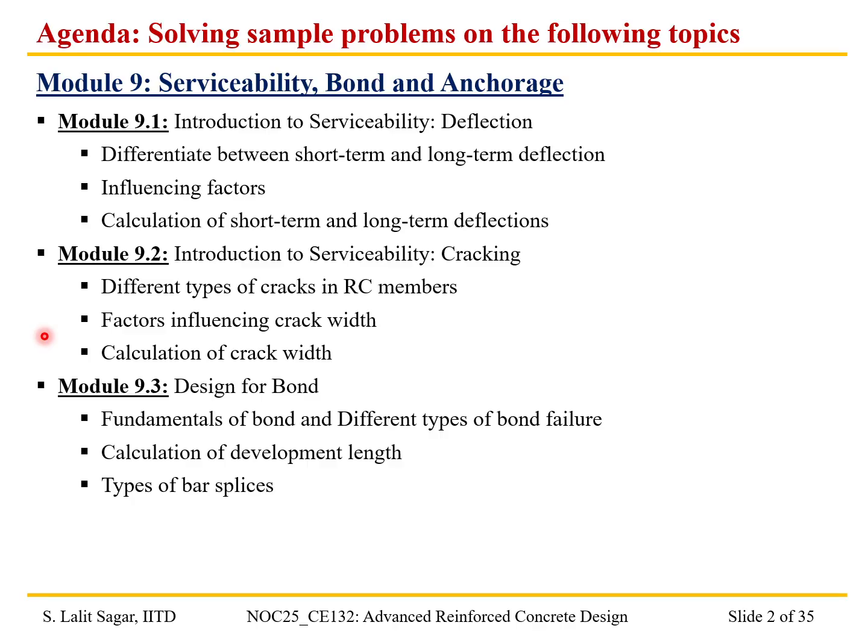So in this part of module 9, we considered the fundamental aspects of bond strength, the basic mechanics of bond resistance of the rebar, and the different types of bond failure. And then how do we calculate the development length as per the IS code? And we also looked into the bar splices, that is, the lap splice provided between the rebars when there is insufficient length of the reinforcing.